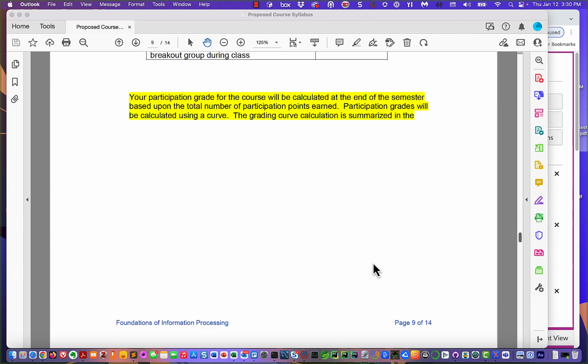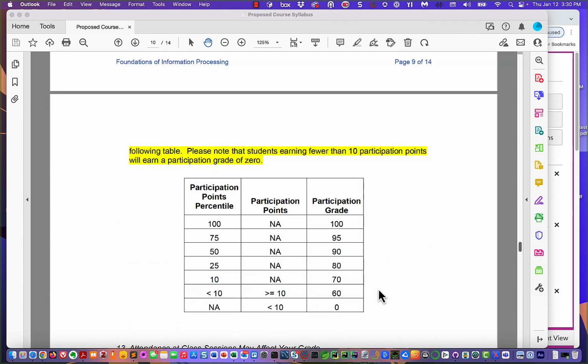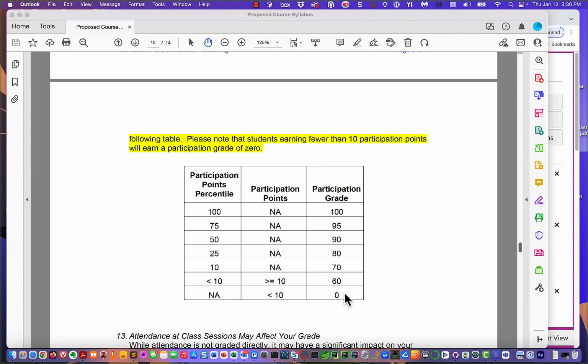And then we calculate the grade that you're going to get based upon a curve. So we take the points that everybody earned, and we figure the percentile that you earned.